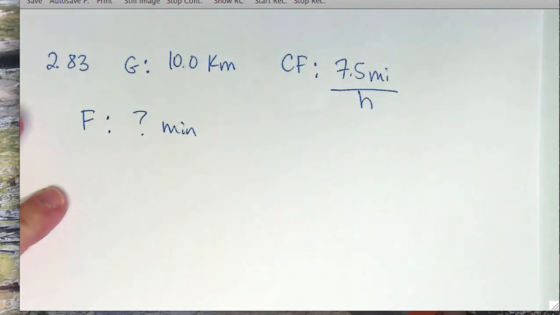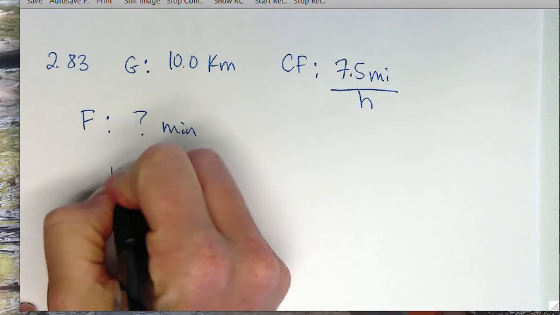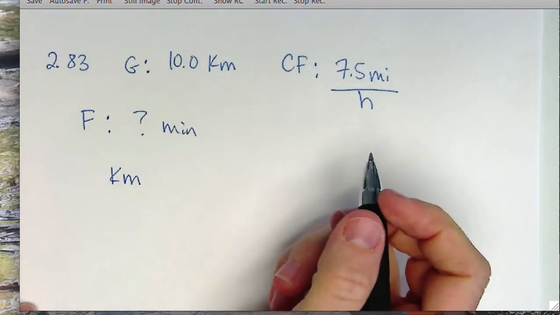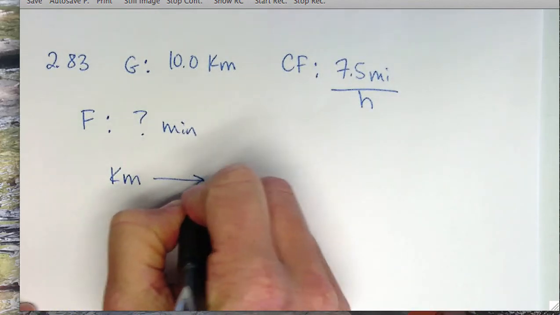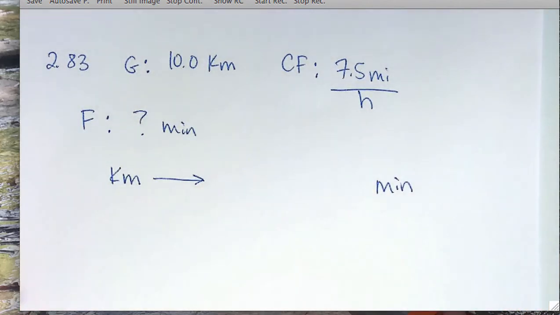So your road map or your conversion map is going to look like so. You start off in kilometers, and we want to get to minutes. We have a conversion factor that goes miles to hours.